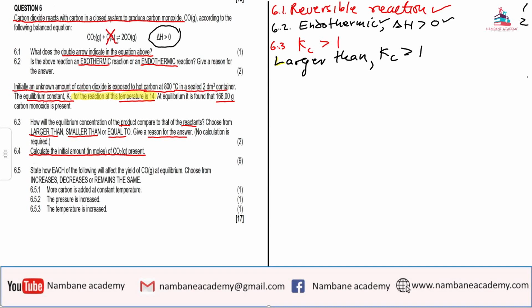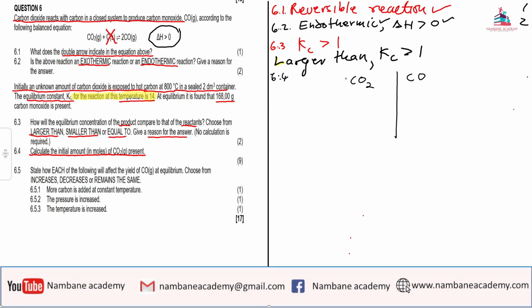We said that for all our Kc calculations we are not going to work with solids. Then one can easily say, very quickly, CO2, and I have now my CO.